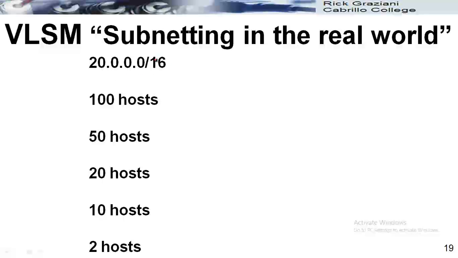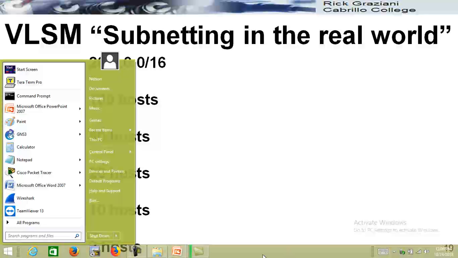So with VLSM, you always start with the highest network requirement. I mean, with the highest host requirement, because when you know how to subnet with the requirement of hosts, that's what you have looked at in the previous video, you can be able to subnet with the requirement of networks, that is, you can be able to do VLSM, basically. That's what I'm getting at.